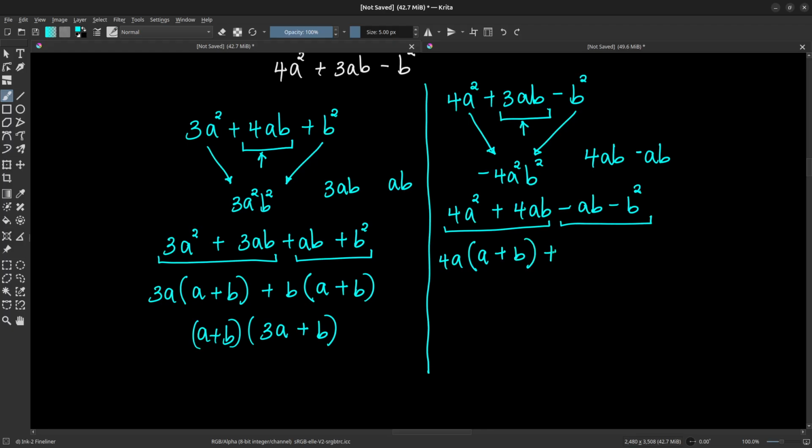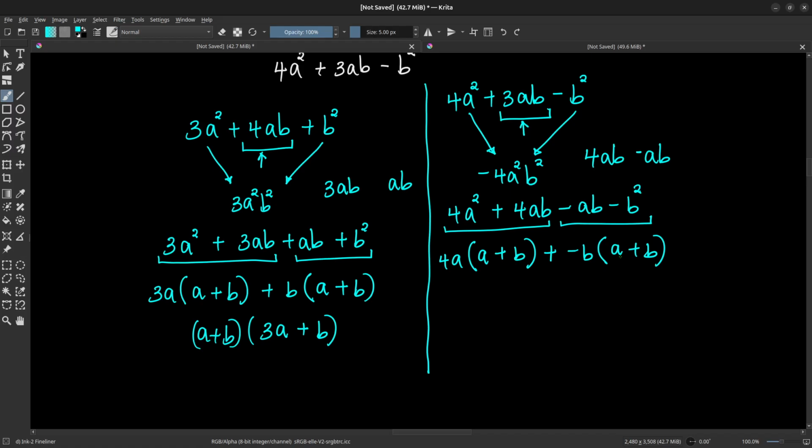And then plus, what is common between negative ab and negative b squared? The common factor there is negative b. So negative ab divided by negative b is a, and negative b squared divided by negative b is plus b. So that is the factorization.